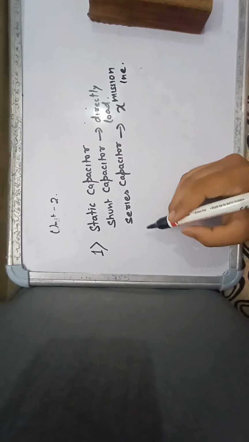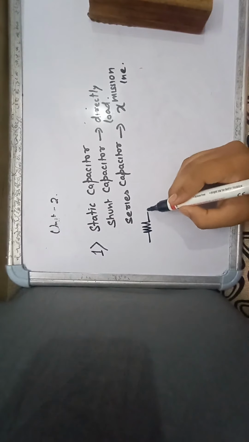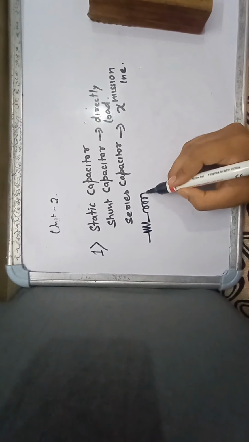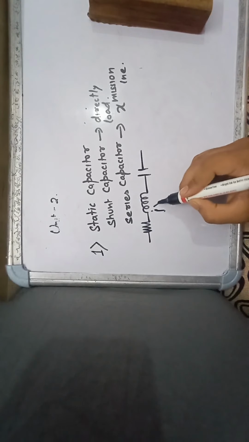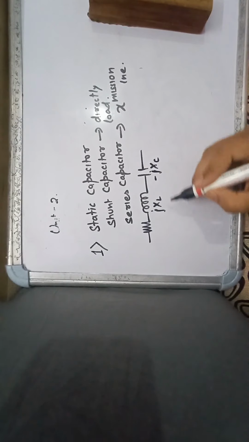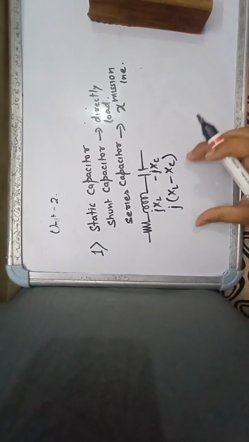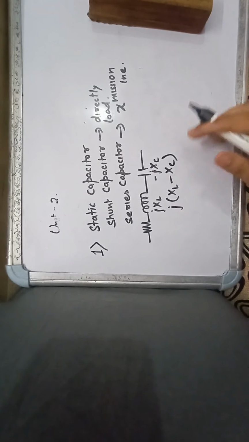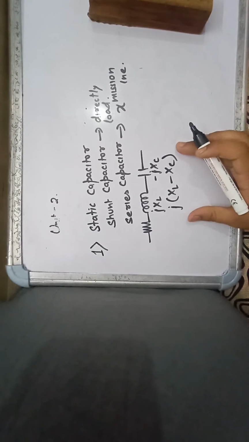Okay, so you generally represent a transmission line with a resistance and an inductor. Now if you are adding a capacitor here, this is your jXL and this will be your minus jXC. So overall the reactance will decrease. Okay, so overall reactance will decrease.